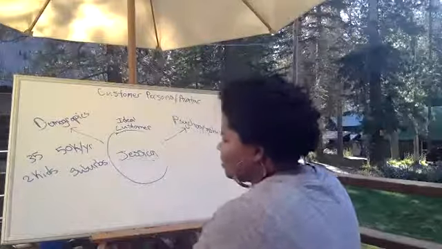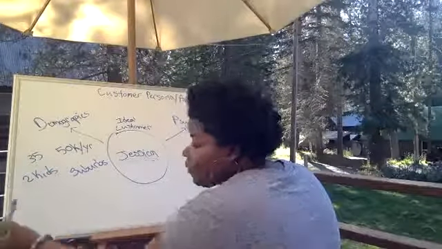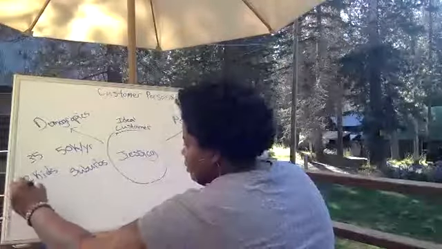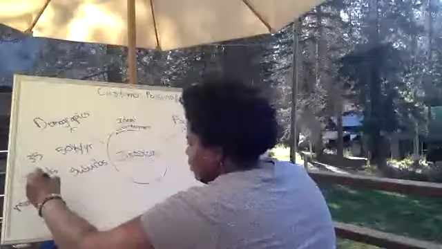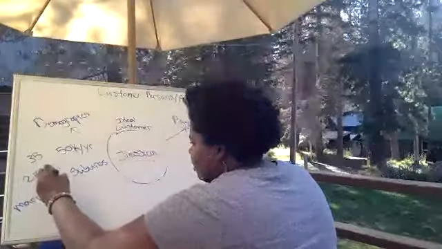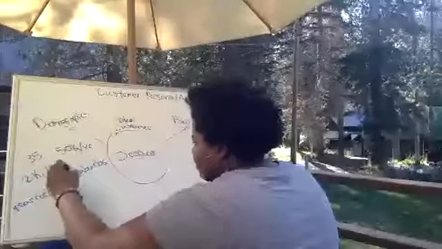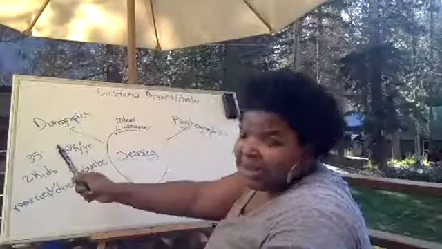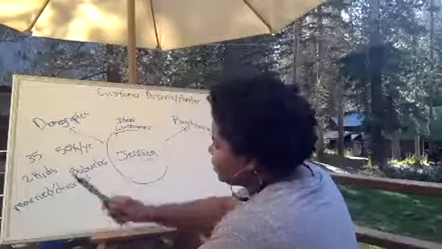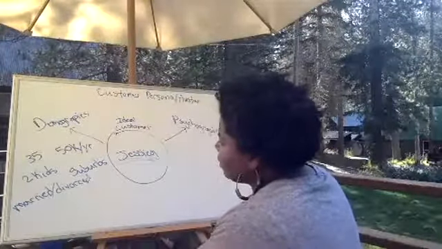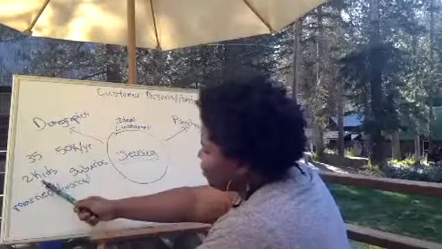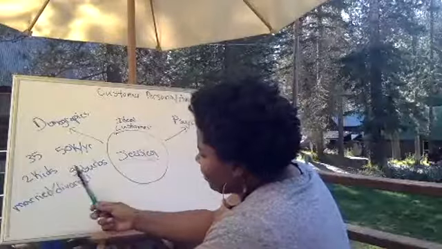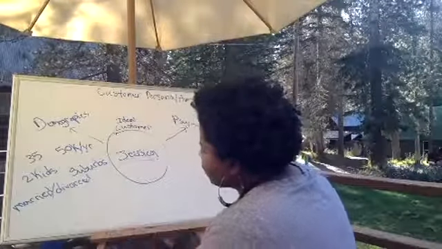Okay, she's married or divorced. Okay, so these are really, on this side, the demographics is the statistics. She's 35 years old. Okay, she makes 50K a year. She has 2 kids. She lives in the suburbs. She's married or she's divorced.